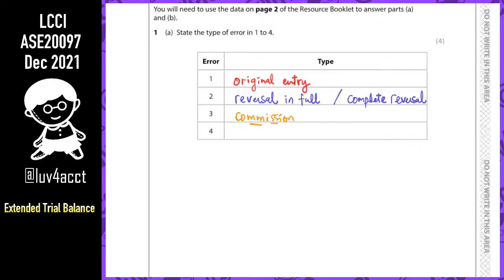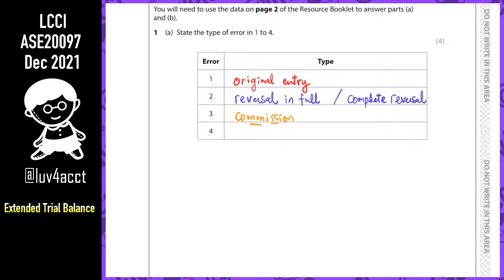Error of commission. This is an error where you put the correct amount into the wrong account, but these two accounts are of the same type, of the same nature. For example, if you put expenses into another expense account, or here you put trade receivables into another trade receivables account, then these are of the same type, same nature, so error of commission.